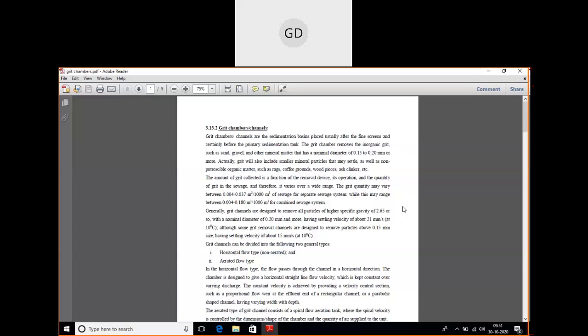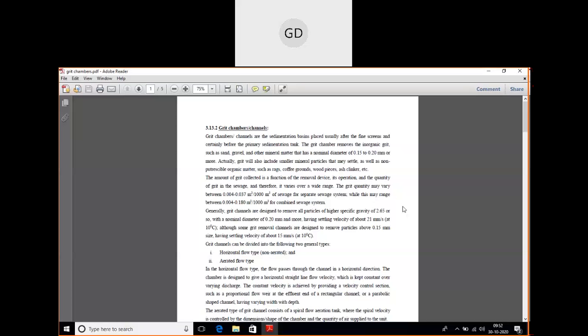So what is the work of the grit chambers or channels? The grit chamber removes the inorganic grit, such as sand, gravel and other mineral matter present in the sewage, the mineral matter that has a nominal diameter of 0.15 to 0.20 millimeter.